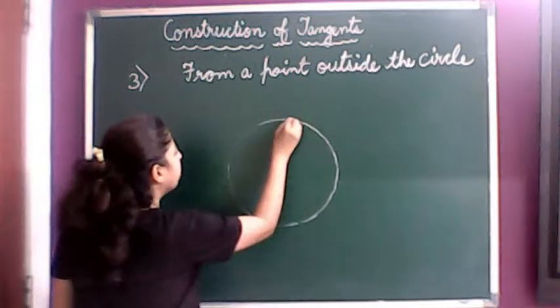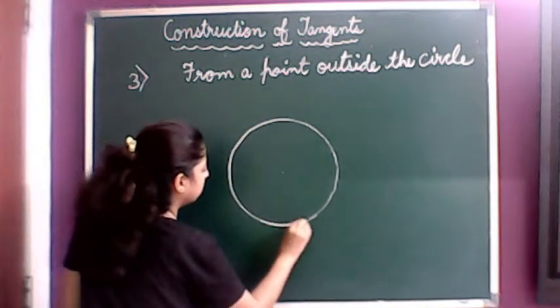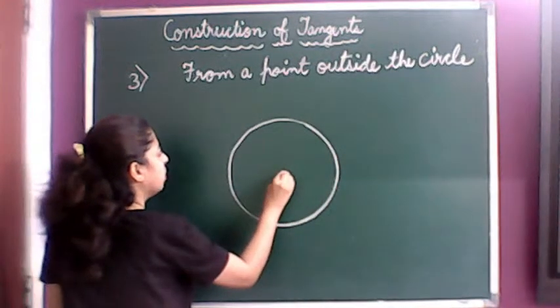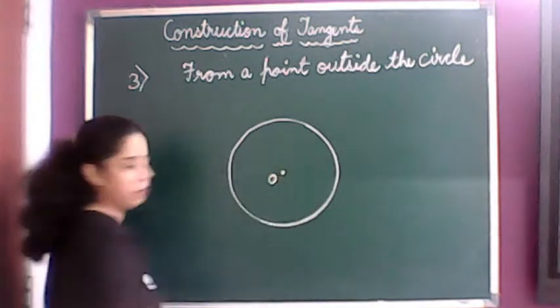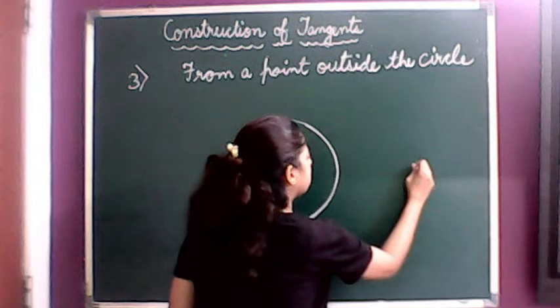I'll make it darker for you guys. That is the circle with center O. Now I have any point P outside this circle.